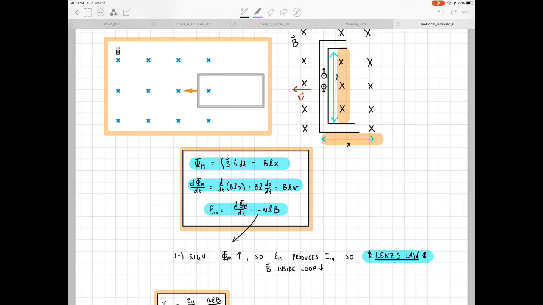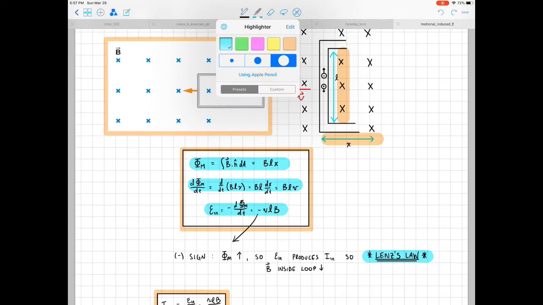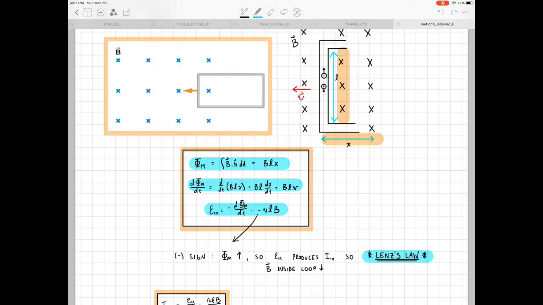So we need an induced current that opposes that increase in the magnetic flux. That means we need a magnetic field pointing out of the page, and so we need a current induced in that direction so that the induced magnetic field inside the loop is coming out of the page. That's using Lenz's law to get the direction.